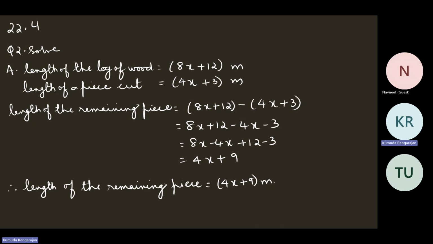So when you're subtracting, you should put a minus sign between the brackets. And then in the next step, you'll have to open up the brackets, that is, remove the brackets and bring the terms out of the bracket, right? Yes, ma'am. And then simplifying. So the length of the remaining piece of log is equal to 4x plus 9 meters.